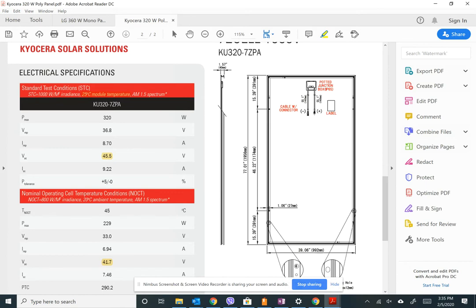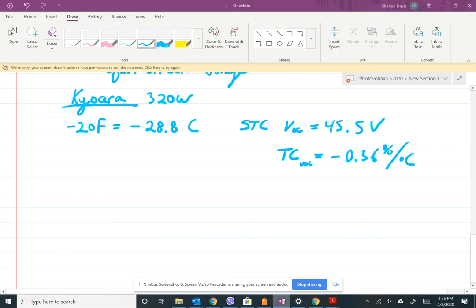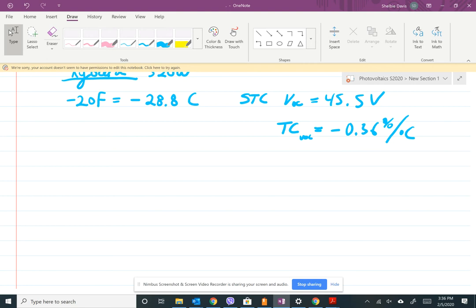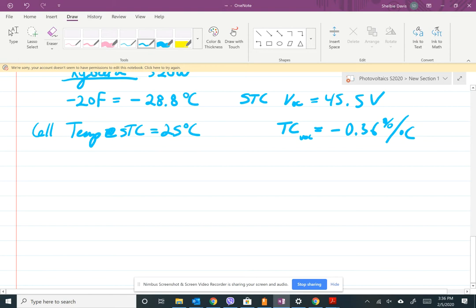Okay, so that's an important distinction, versus NOCT, which is 20 degrees ambient. All right, so our cell temp at STC is equal to 25 degrees C. This is degrees C as well.